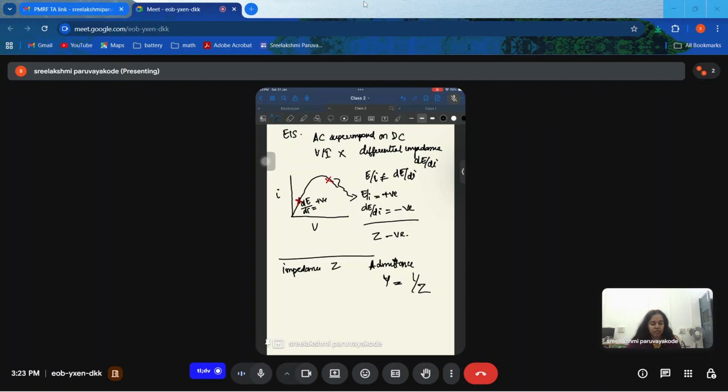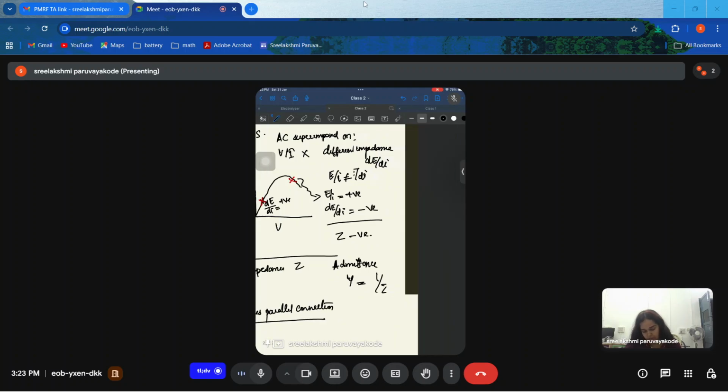When we are doing calculations, we can use either impedance or admittance form, depending upon the easiness. So now let's start with the series parallel connection. Let's go to the next page.